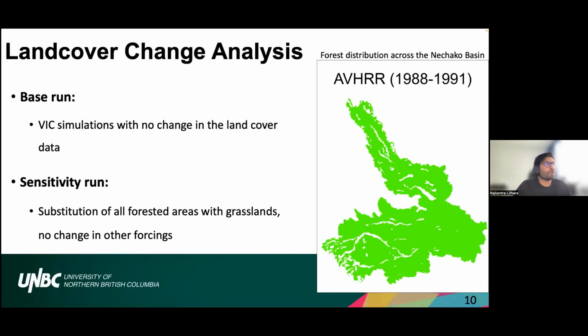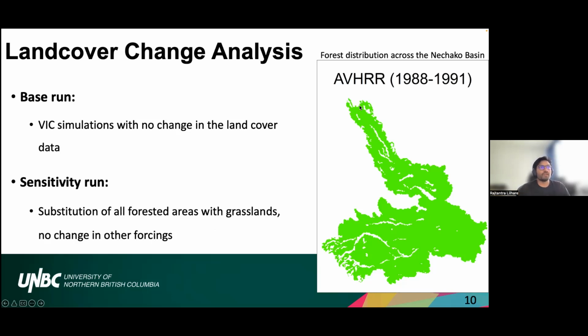The second objective was to identify the land cover change and see the impacts of those changes on the hydrology. For that, we had a base run, which is basically no change in the land cover data, and a sensitivity run, which changes the land cover data by substituting all the forested area with grasslands, to see the impacts on the hydrology.